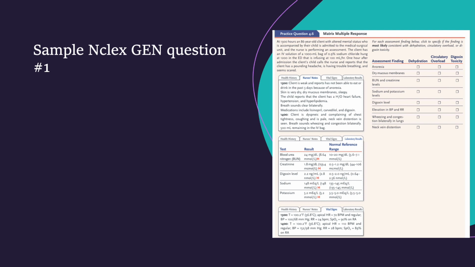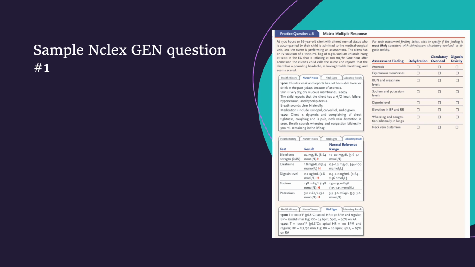Her O2 was 90, now it's 89. Her respirations were 24, now they're 28. And her blood pressure was 100 over 68, but it's now 152 over 98. Do we have any idea of what is going on with this patient?